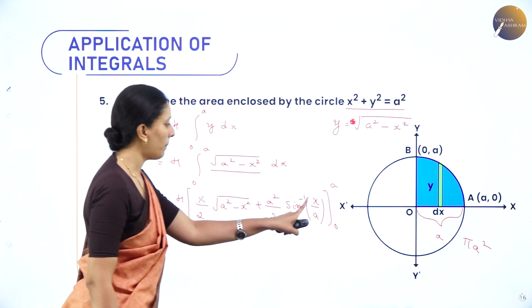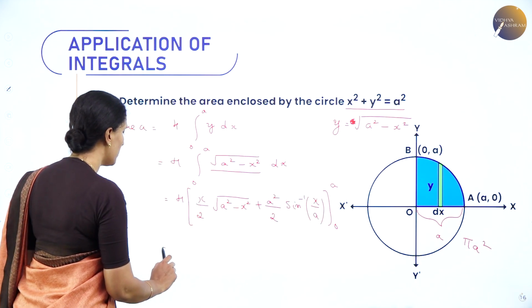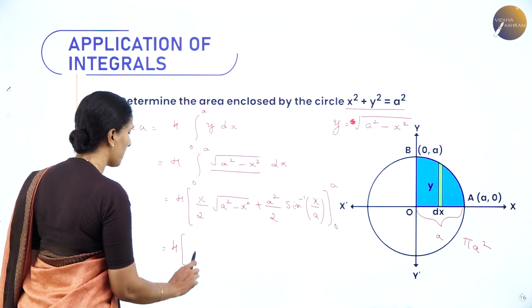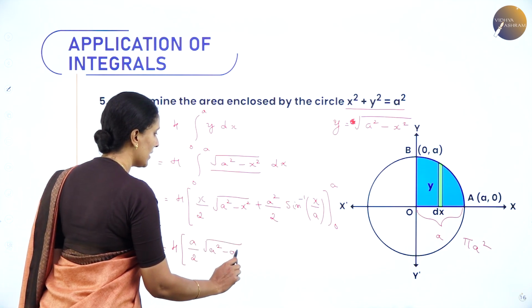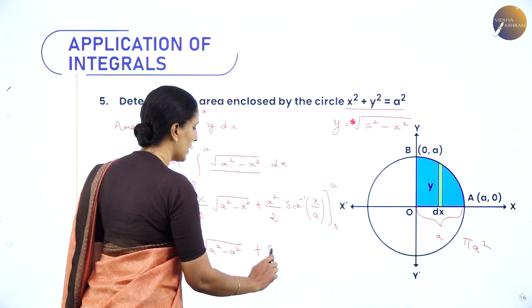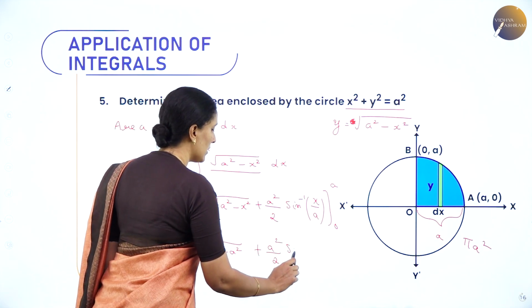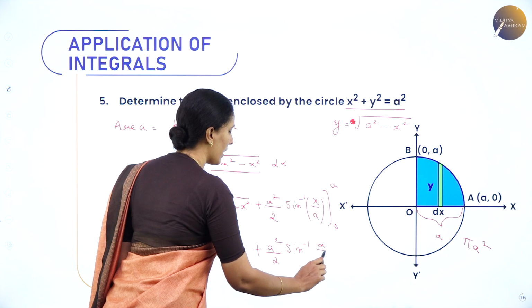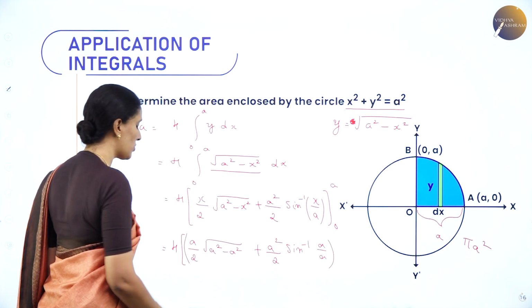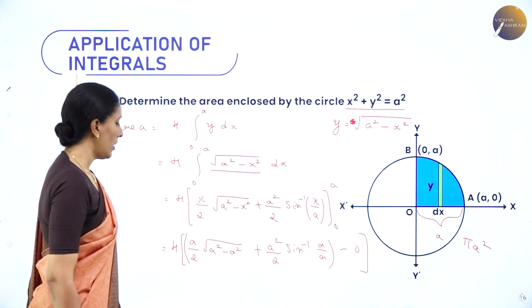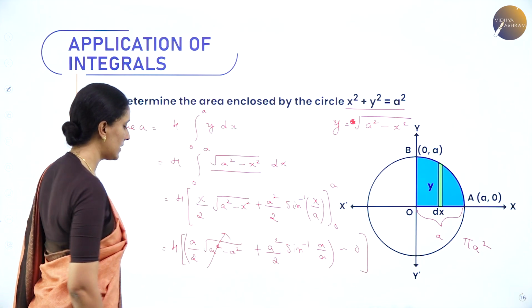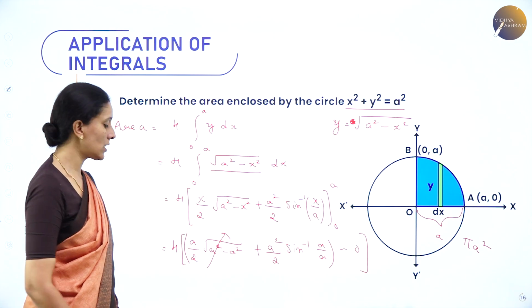Now again, if you apply the upper limit here, we get 4 times a by 2 root of a square minus a square plus a square by 2 sine inverse a by a. So this is your upper limit value, whereas the lower limit is entirely 0. Now this term will become 0 because a square minus a square is 0.